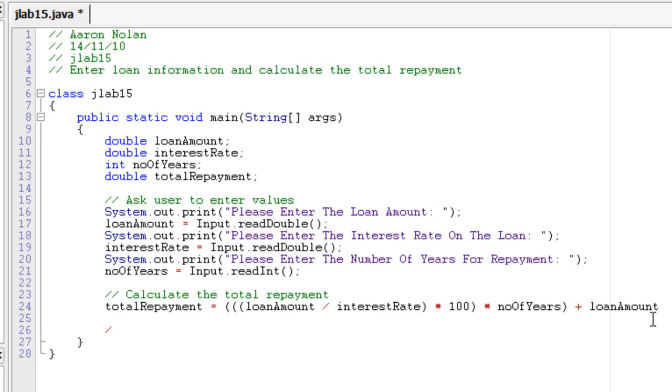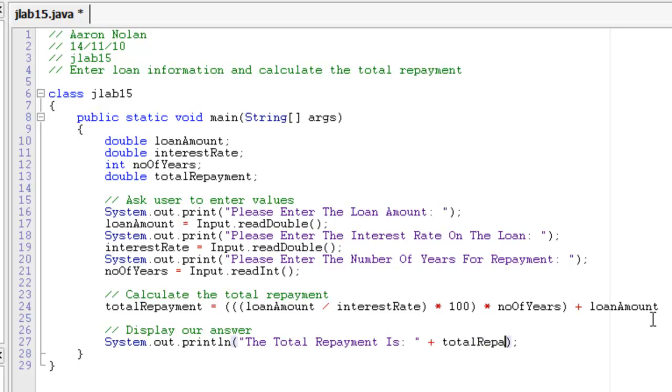Okay, and then finally we just have to display our answer. System.out.println, the total repayment is, plus totalRepayment.